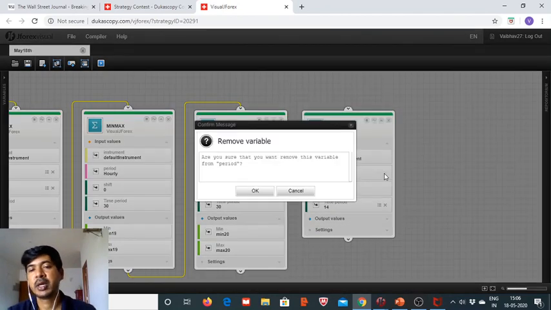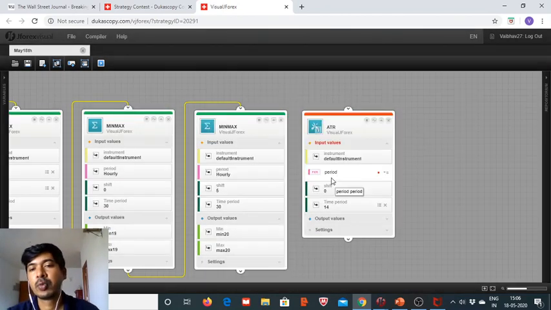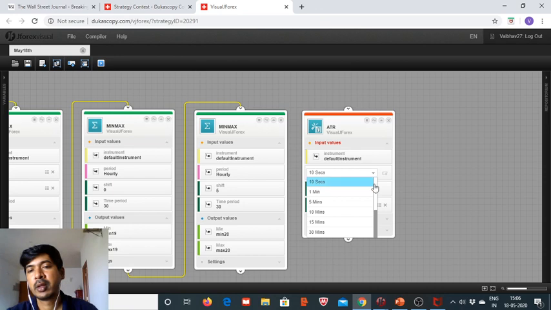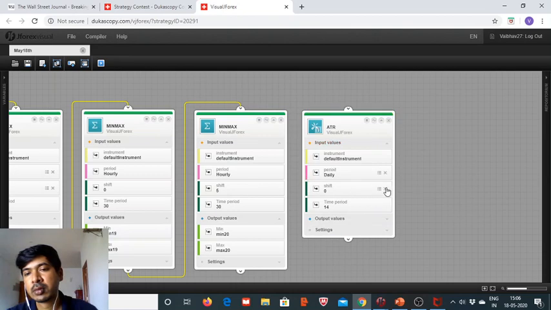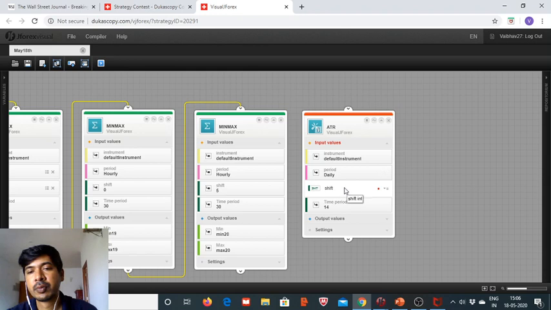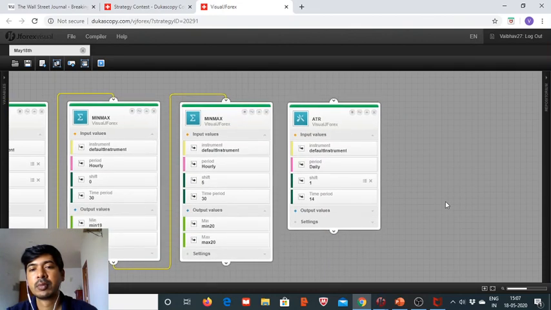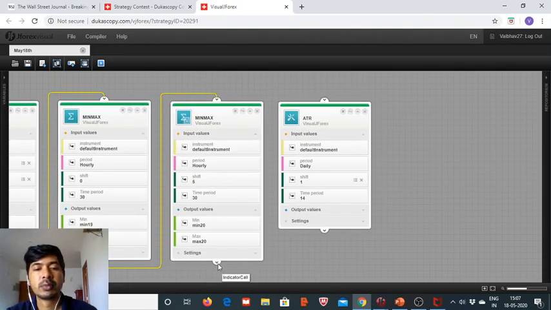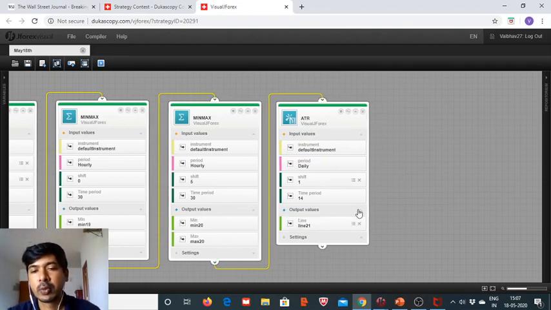So we change this time frame to day, and then we take shift 1. So here we got this, the output values.